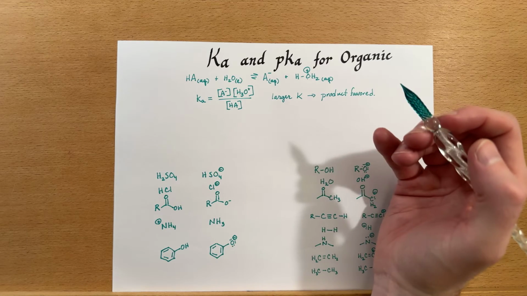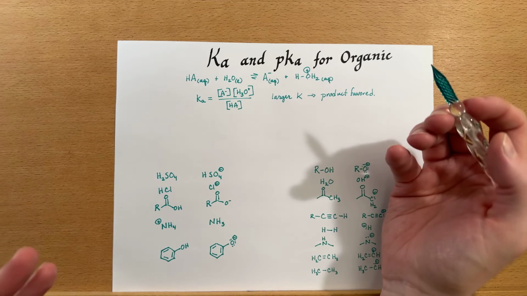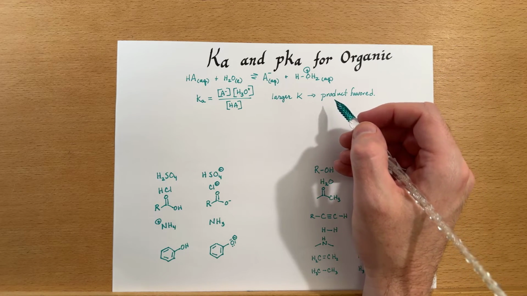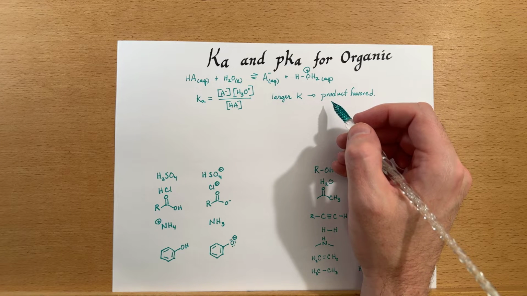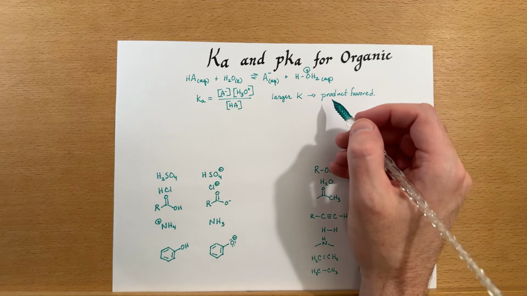If we have a K very tiny, like it's still bigger than 0 because K's can't be less than 0, but much less than 1, close to 0, then the reaction is reactant favored.